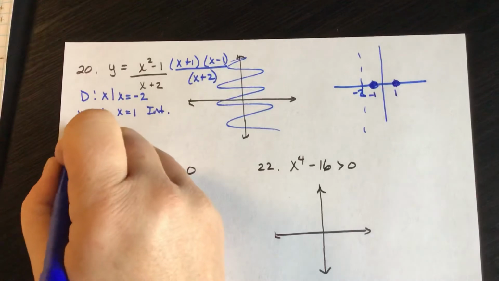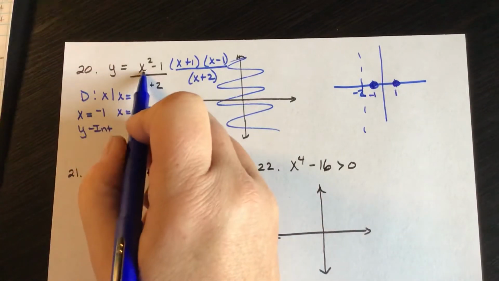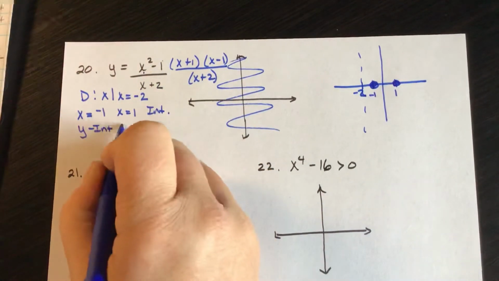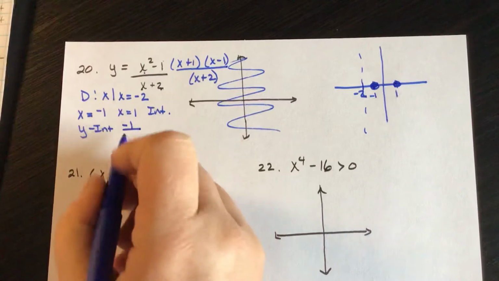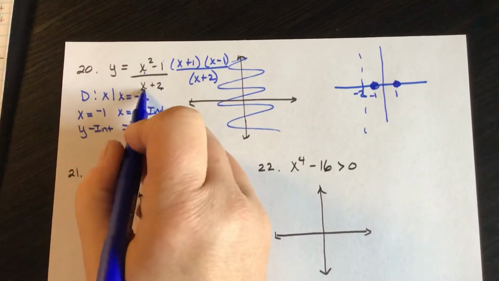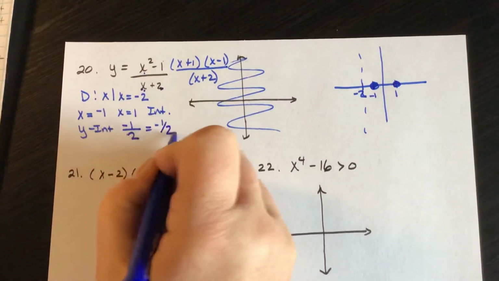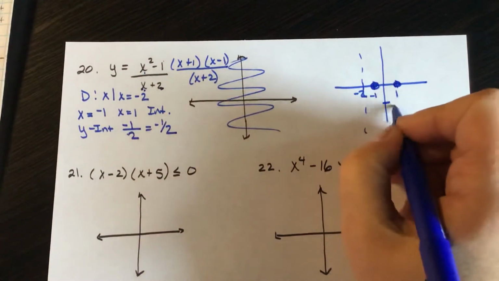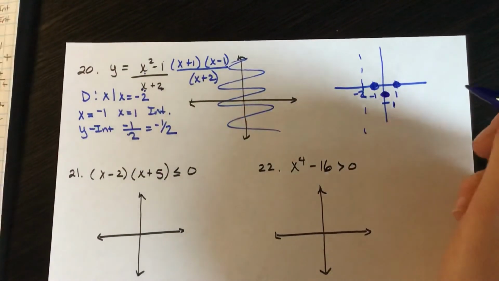My y-intercept, if I plug in 0 for x, I'm going to have a -1 on top. And if I plug in 0 for x, I'm going to have a 2 on bottom. So this is -1/2. So if this is 1, this is a y-intercept of -1/2.